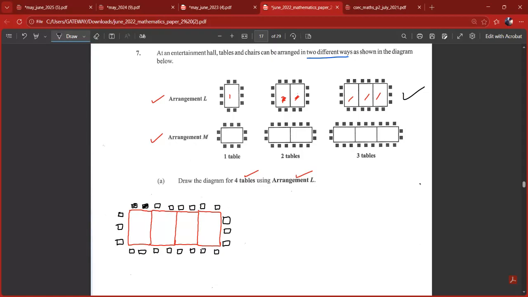So that should be your diagram here. You probably shade it as well, just like how you have it in the diagram there. Since I started, I might as well complete it.